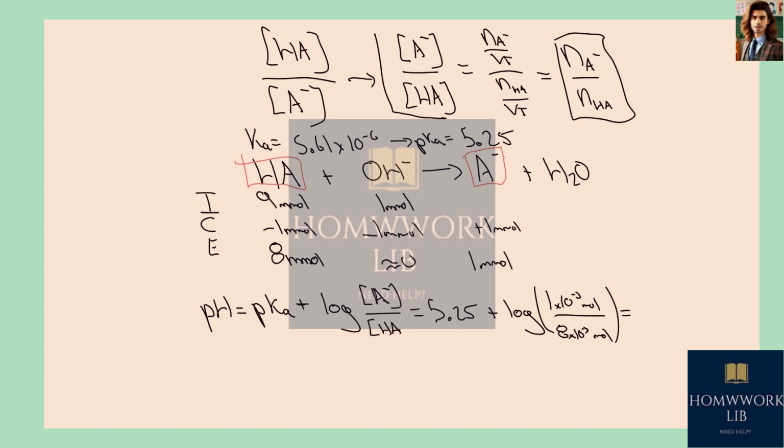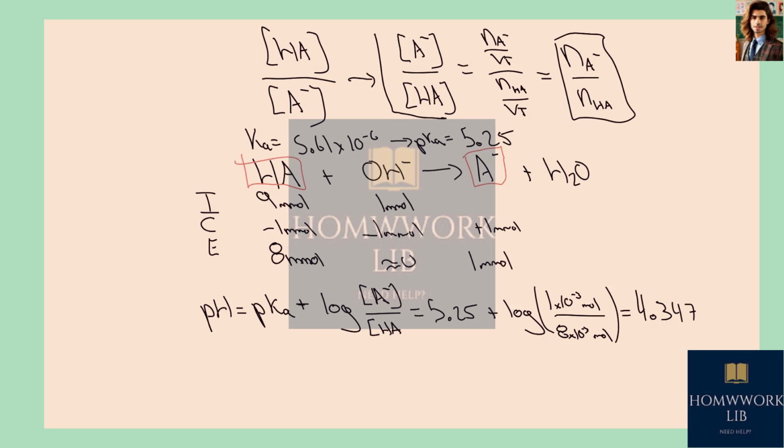So the result for this is going to be a pH of 4.35. Actually, I'm going to round it up to three significant digits. And what can we say about this? Well, we can say that the pH is lower than the pKa.